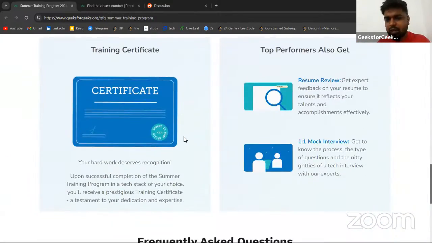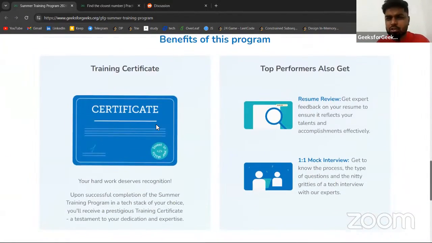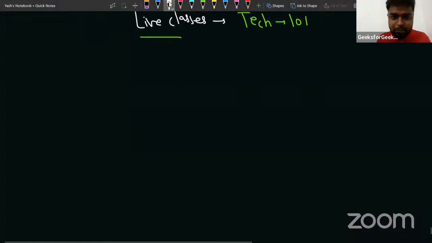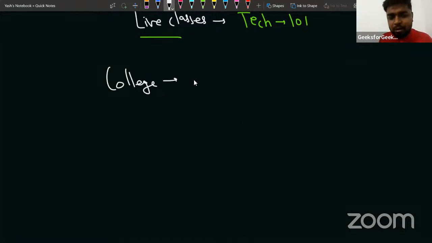And also one more thing, guys, what are the benefits of joining this course? Many times, after the summer vacation is over, colleges might ask for a certificate. Suppose you're in college, and after summer there is summer training.